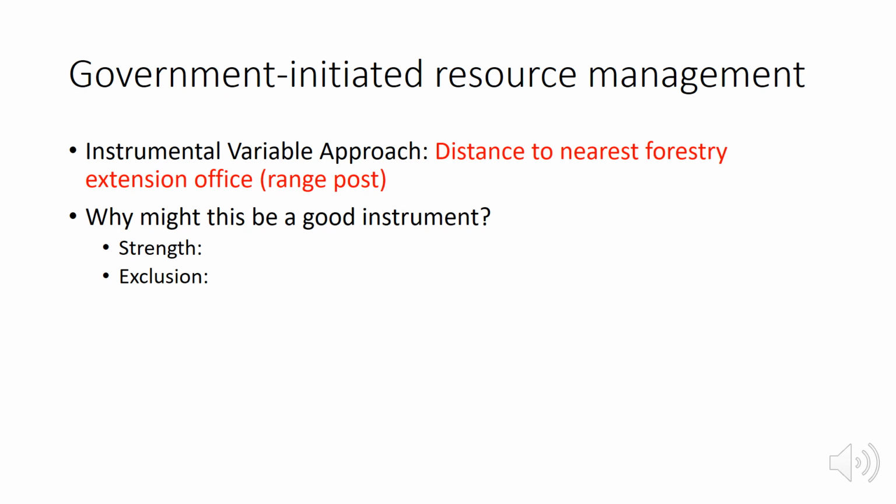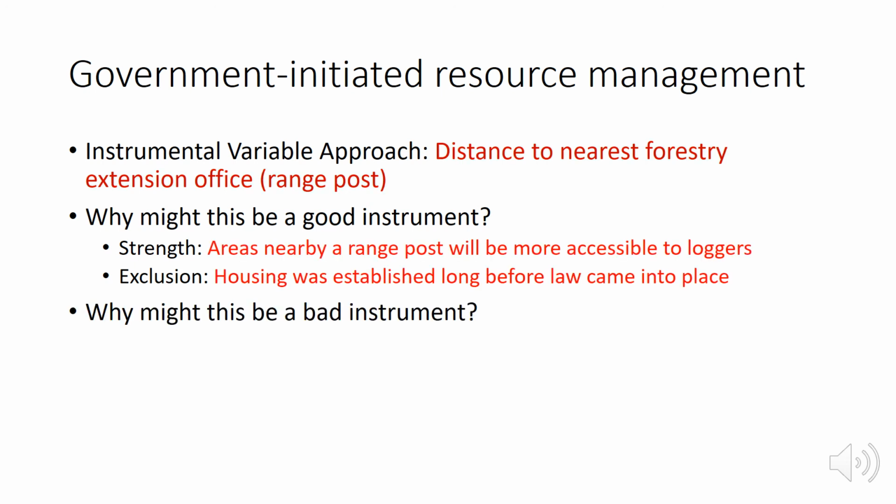Anyone else? Why might this be a strong instrument? Okay, why might this be an exclusive instrument? Why might distance not correlate to anything else, any of these endogenous factors? Why might distance only correlate to whether or not you form a community group? All right, let's fast forward since it looks like everyone's focused on the bird anyway.